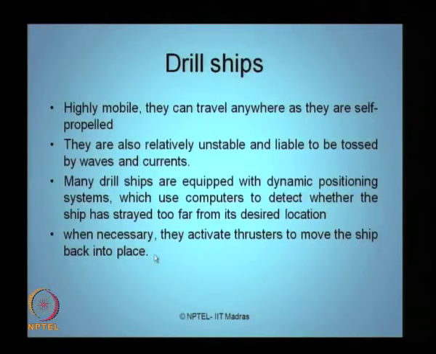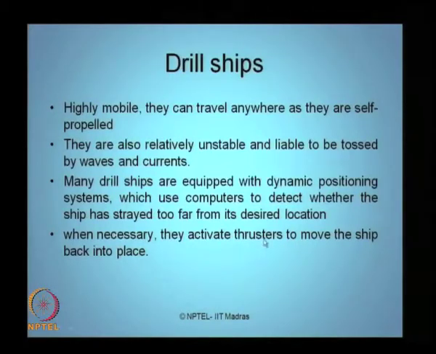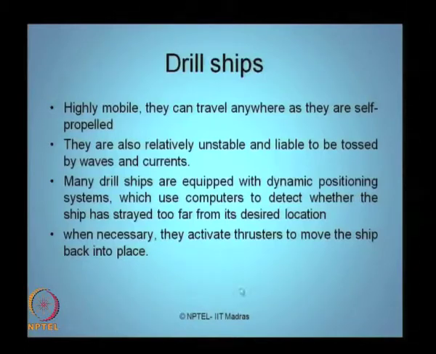So the dynamic positioning system helps to establish a continuous contact between the drill ship thrusters and the template on the drilling base. So it ensures that the drill ship is located physically, vertically, exactly above the drill hole which is to be drilled.